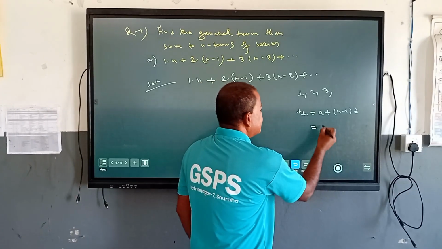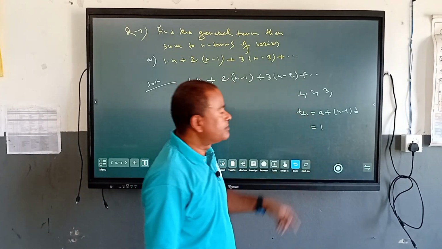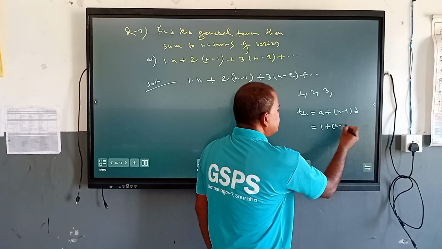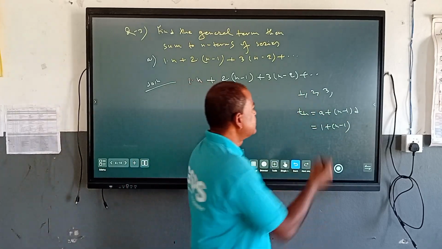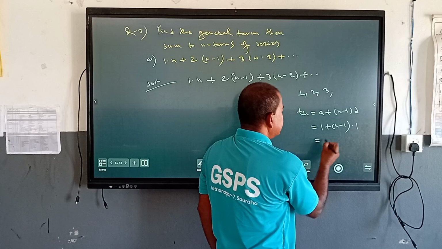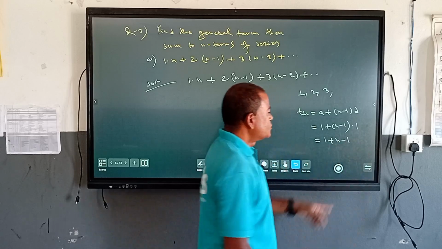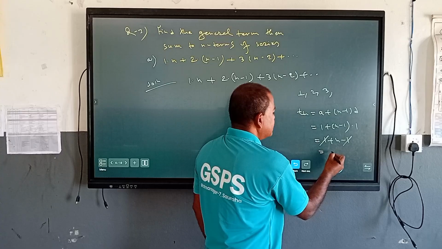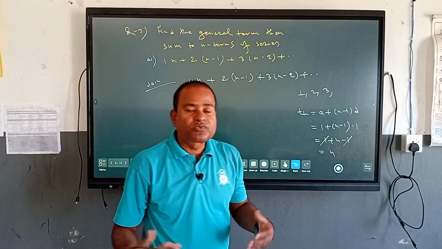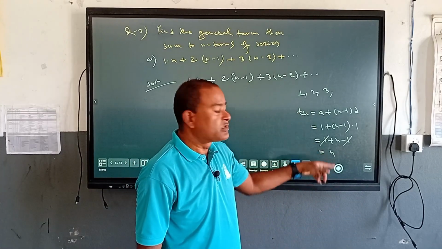So we know that a, the first term, is 1, and common difference d means t2 minus t1, 2 minus 1, we get 1. So dear students, plus 1 minus 1, after cancelling plus 1 minus 1 we get Tn equals n.